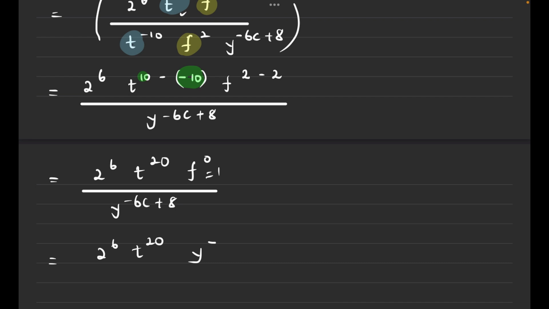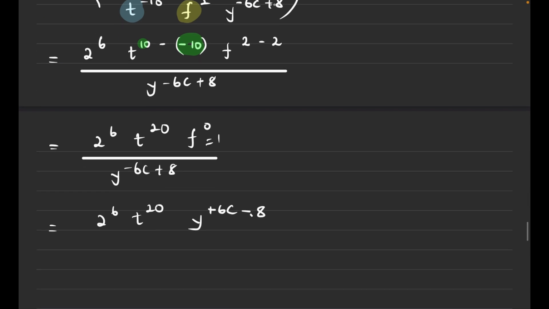So the minus 6c is going to be now plus 6c minus 8. You know what I'm saying? So 2 to the 6th, that's going to be 64, t to the 20, y to the 6c minus 8. So this here is my final answer.